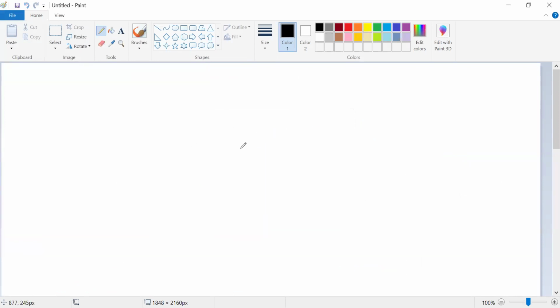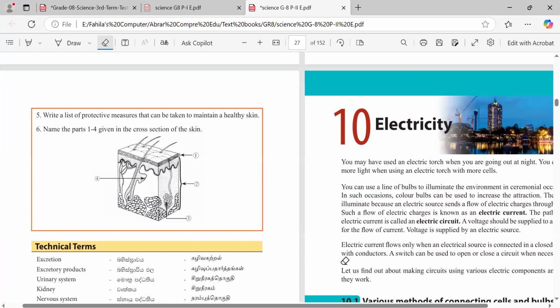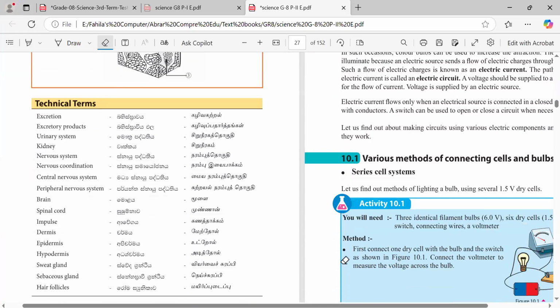Okay, so when you talk about electricity, I'll make it very simple for y'all. Y'all have to learn various methods of connecting cells and bulbs.